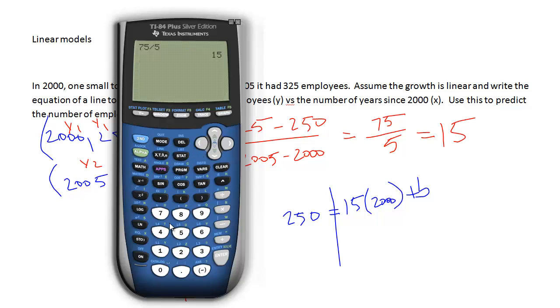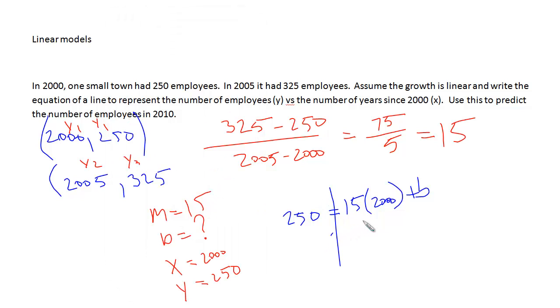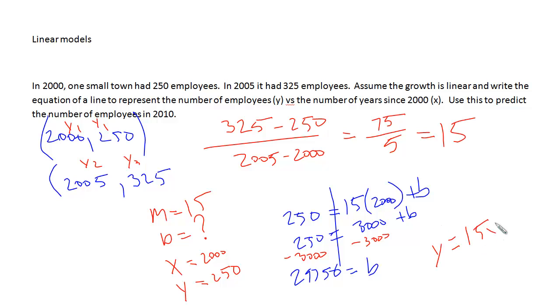I have 15 times 2000 equals 30,000. Plus b. We subtract 30,000 from both sides. So there's my b. Now we can write the equation of the line. y equals 15x minus 29,750.